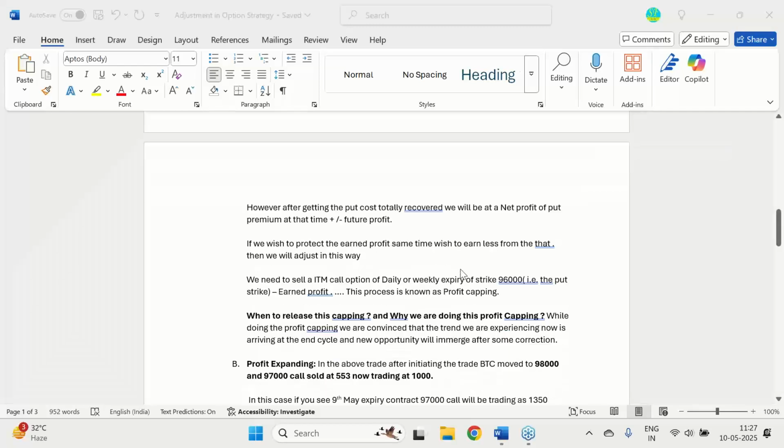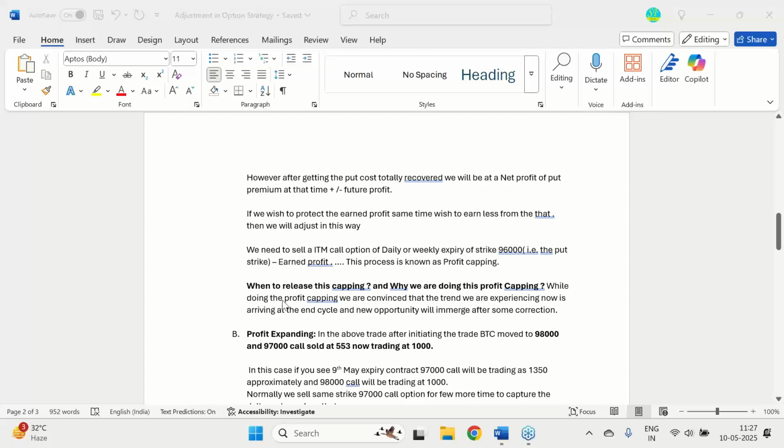So when to release this capping, or why are we doing this profit capping? While doing this profit capping, we are convinced that the trend we are experiencing now is arriving at the end cycle, and a new opportunity will emerge after some corrections. That is our conviction. That is our belief. That is our thought.